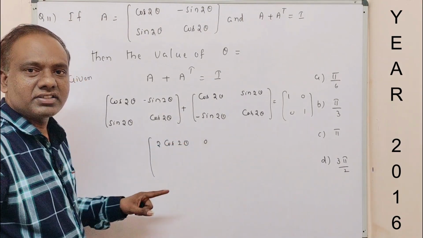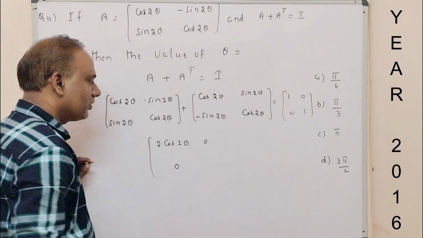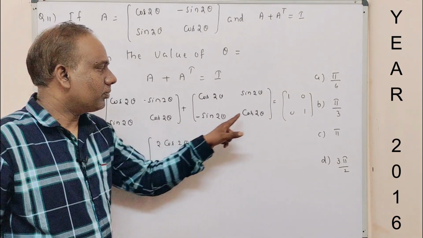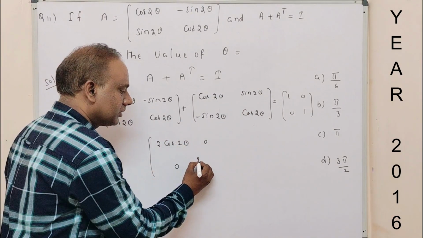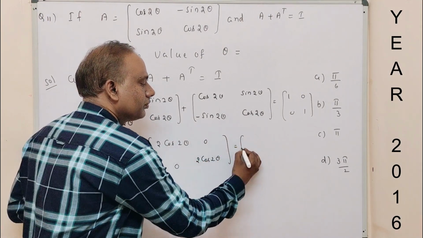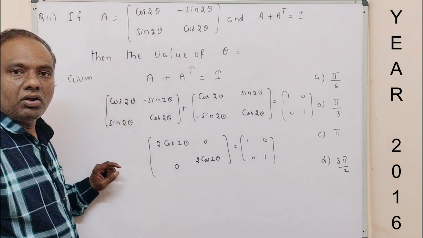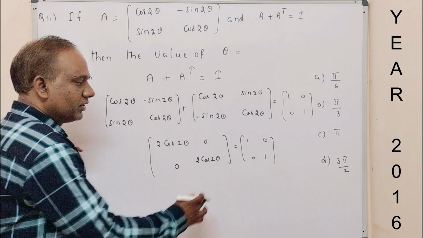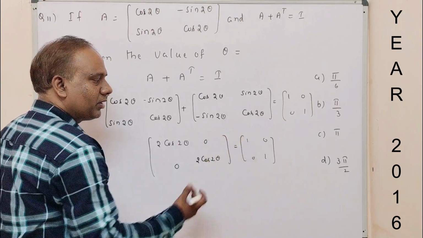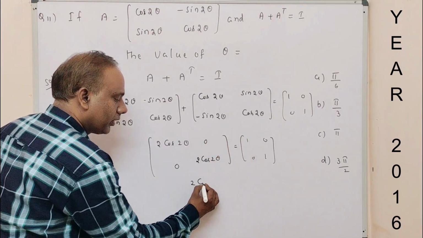Here also it is plus sin 2 theta minus sin 2 theta, which is 0. So 2 cos 2 theta is equal to [1 0; 0 1]. Now we can equate corresponding elements. 2 cos 2 theta is equal to 1.